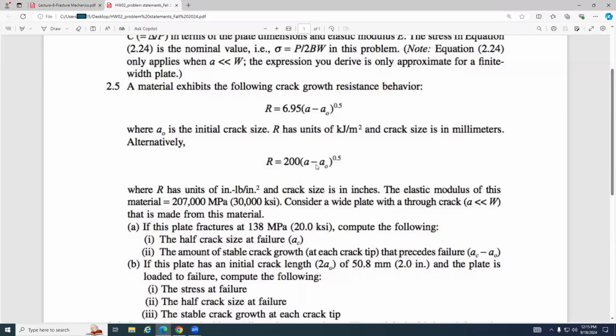For this side, take the derivative of R with respect to A. So here I will have (A minus A0) with the power 0.5 minus 1, which is minus 0.5. Because I know that here is A_C, you need to calculate this factor. I give this task to you guys.